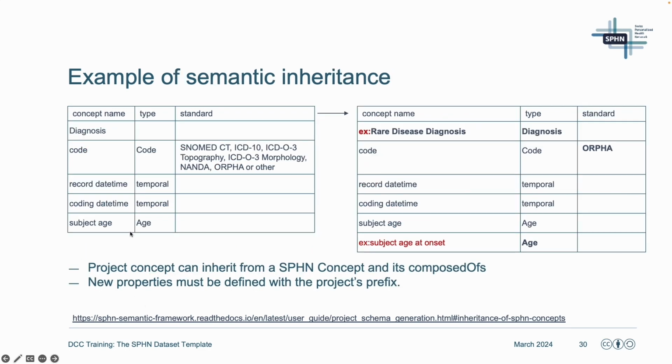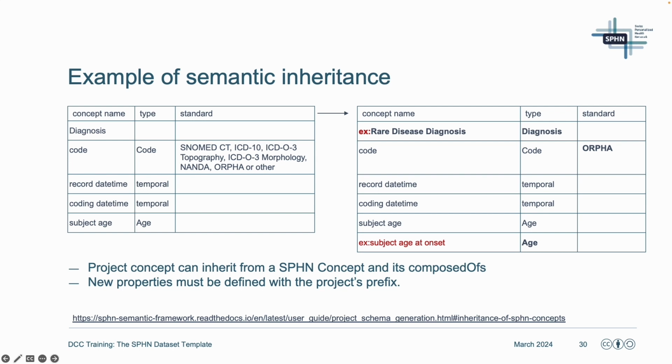The last element to keep in mind is that a project can inherit from an SPHN concept, meaning that the project can create a concept which is a more specific element than that SPHN concept. In this case, the type of the project concept must refer to the SPHN concept. So the rare disease diagnosis is of type diagnosis from SPHN. All properties of diagnosis must be inherited and provided in the rare disease diagnosis as is.